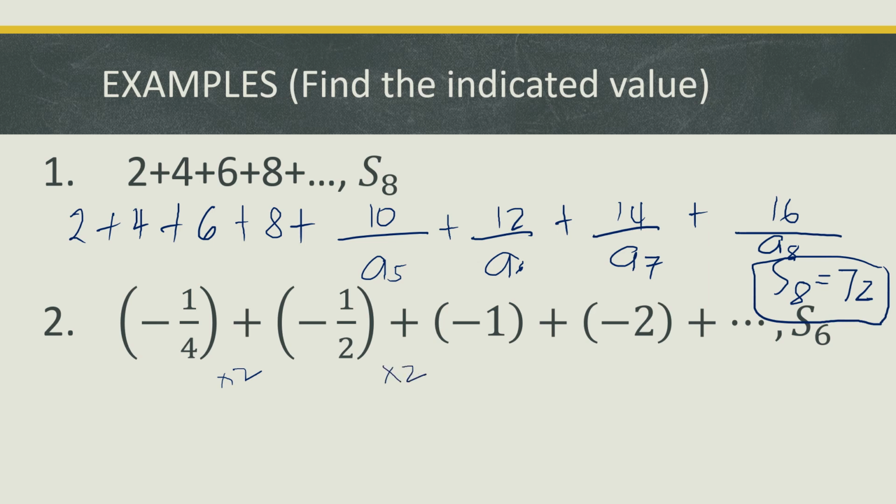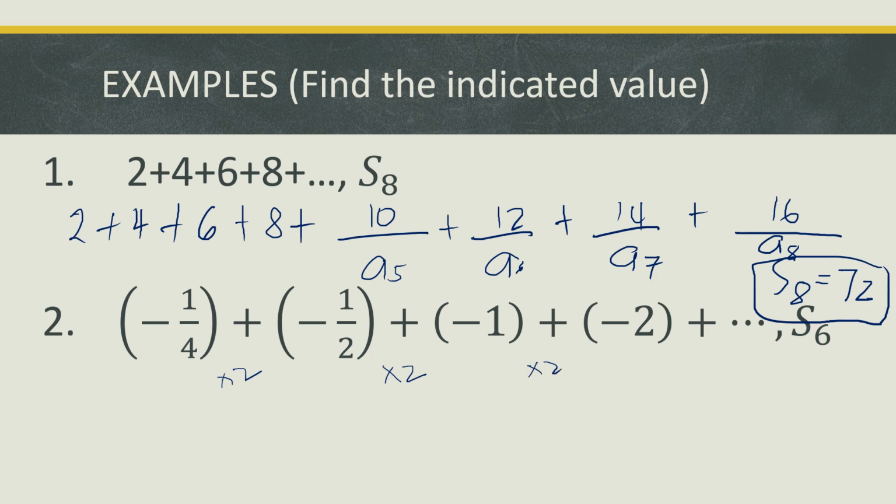Take note of the signs, that we have positive and negative signs. Since the negative signs ay hindi nagbabago, therefore, we are on the positive pattern. Okay? So negative 1/2 times 2 is negative 1. And negative 1 times 2, we will get negative 2.